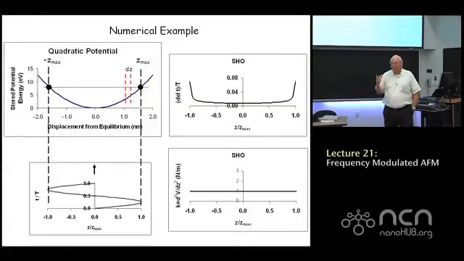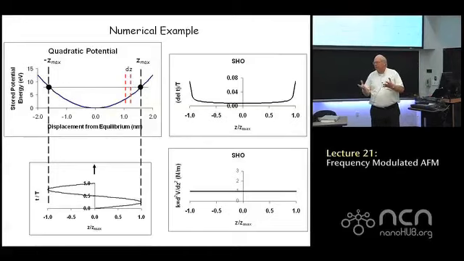Right? You can see the curve peaks up when z over z max is on the order of plus or minus 1. And it's sort of intuitively obvious, because that's when the particle stops, turns around, and starts to roll back down the hill again. So the particle spends most of its time at the endpoints.